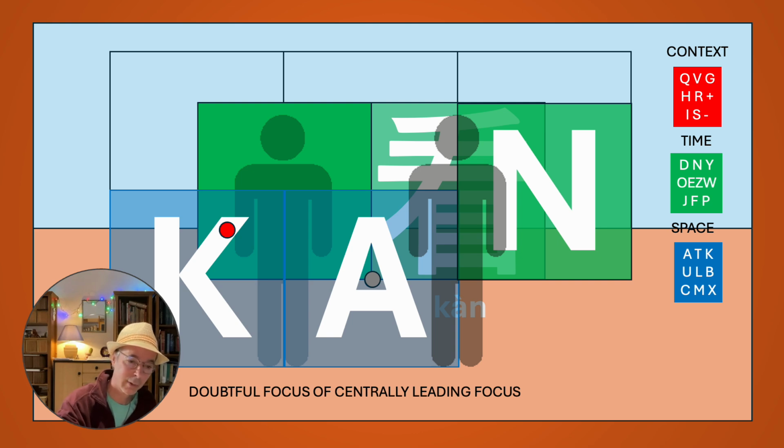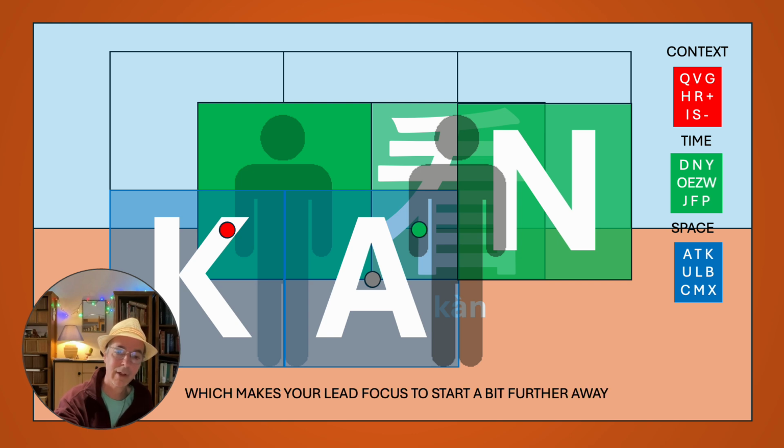Because it starts with K, with that doubtful focus, it will also have an effect on my central leading focus. So what will be the effect? The effect will be that my central focus will start off, because K says, no, you have to start off with A, your center.